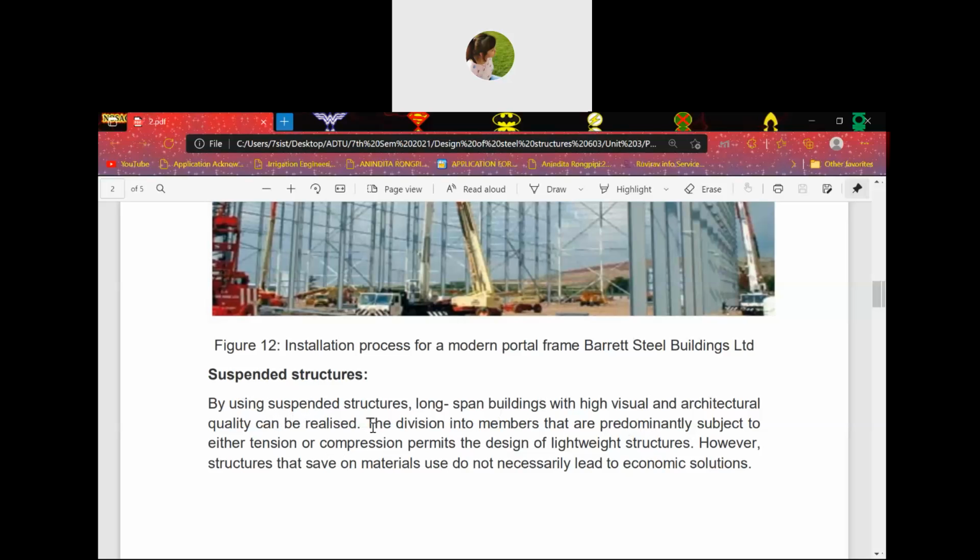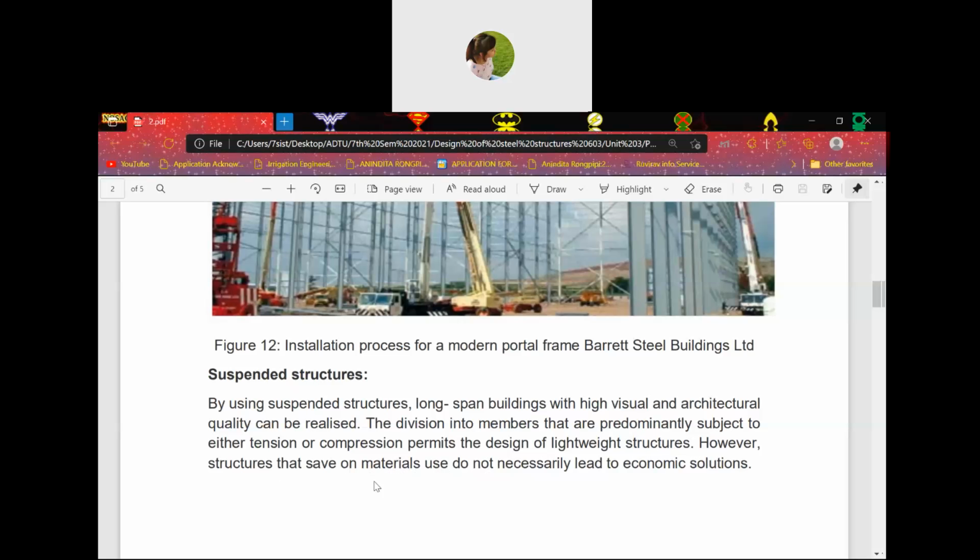The division into members that are predominantly subjected to either tension or compression permits the design of lightweight structures. However, structures that save on materials used do not necessarily lead to an economic solution.